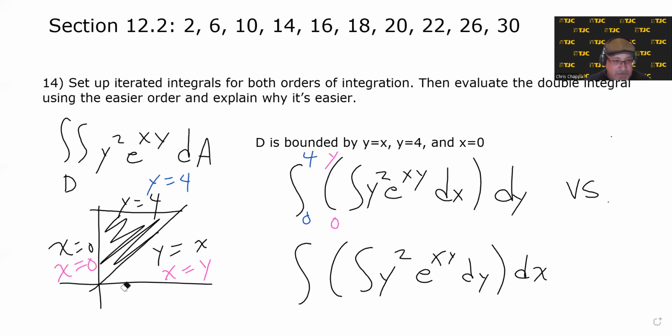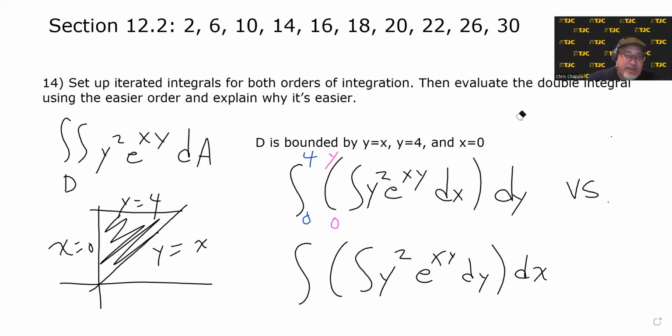I keep getting rid of parts I don't want to get rid of. There we go. But if we're going to do the dy integral first, then we need to know what y equals on the bottom and what y equals on the top as functions of x.